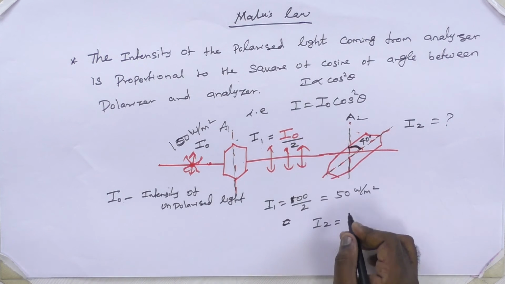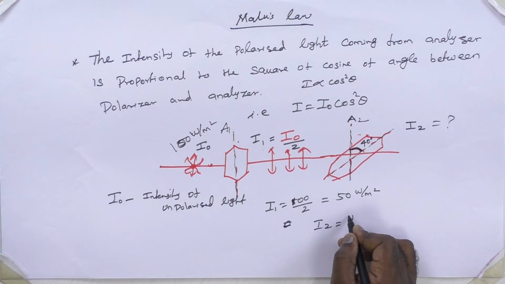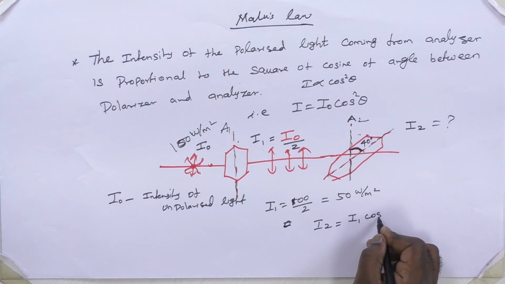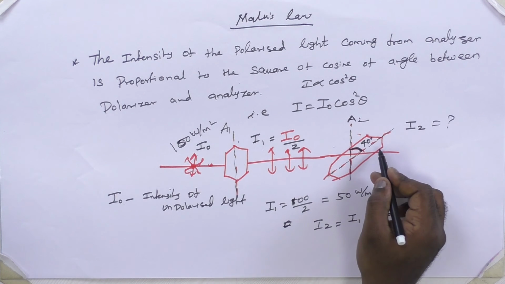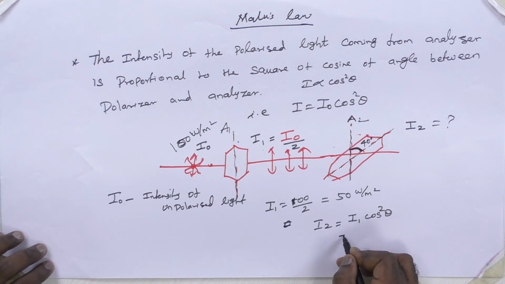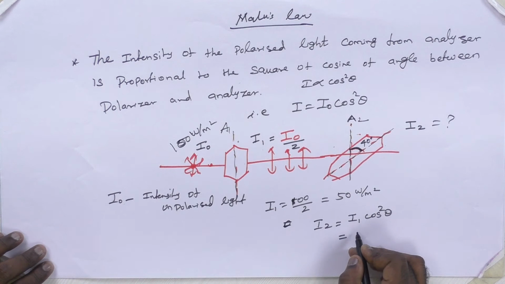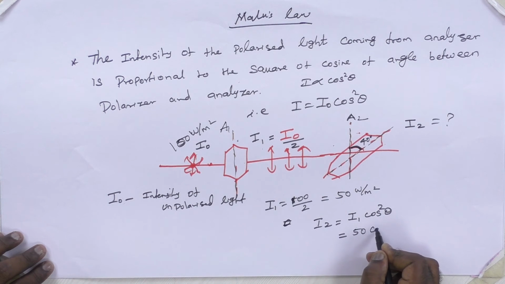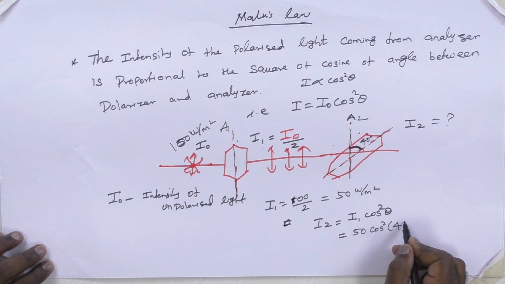You have to use this formula: I2 is equal to I1 cos square theta. The intensity coming here is I1, so you substitute I1 is 50, cos square 40 degrees.